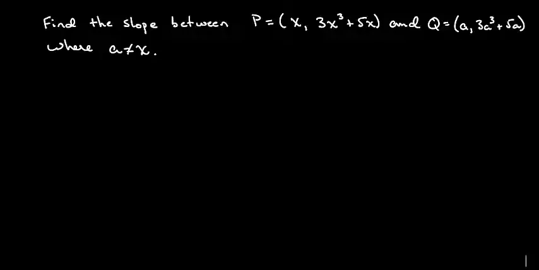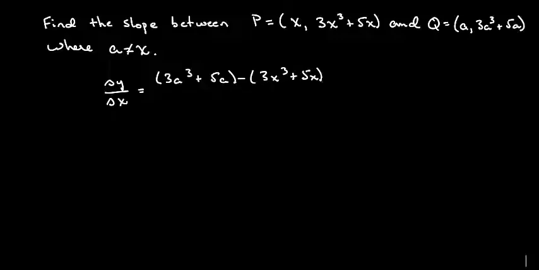Let's go ahead and just compute the slope between these two points. The slope is the change in y over the change in x. The change in y is going to be 3a to the third plus 5a, and then we have to subtract off this one over here, 3x to the third plus 5x, and that's going to be over a minus x.